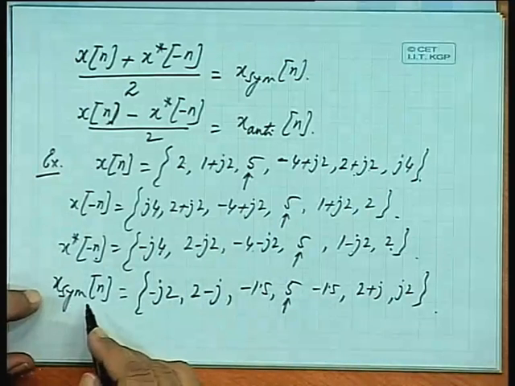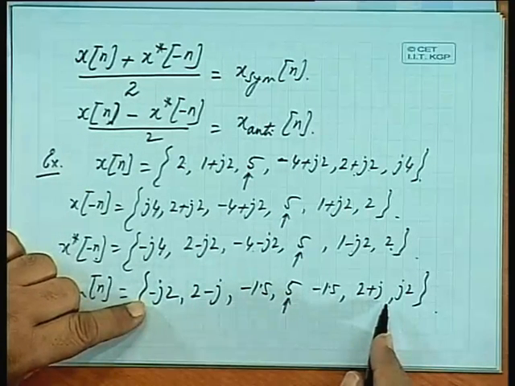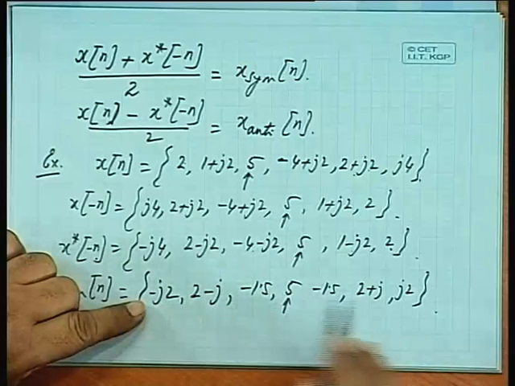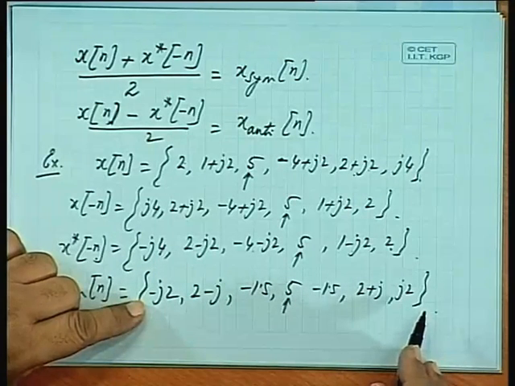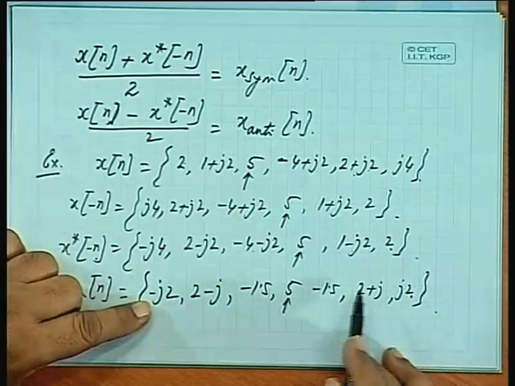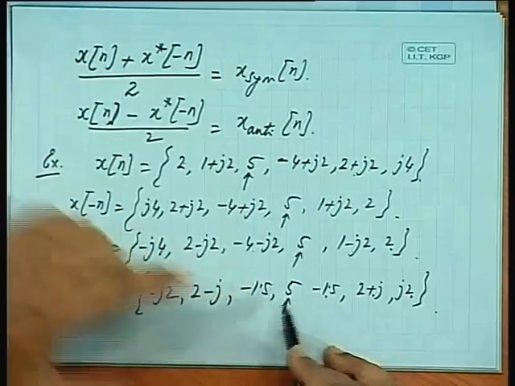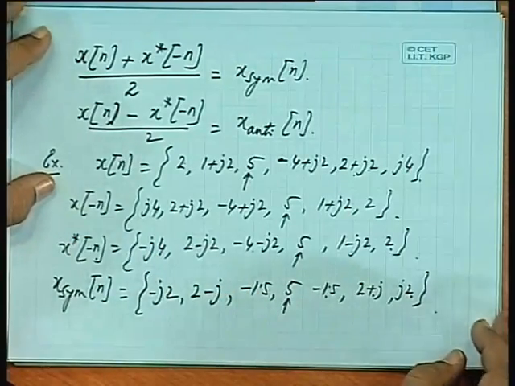So, in the symmetric component you can see for yourself, on the right hand side and left hand side, the imaginary parts are complex conjugates, they are just of opposite signs. This is j2, this is minus j2, this is 2 plus j, this is 2 minus j, this is minus 1.5, minus 1.5. So, this is the symmetric component.